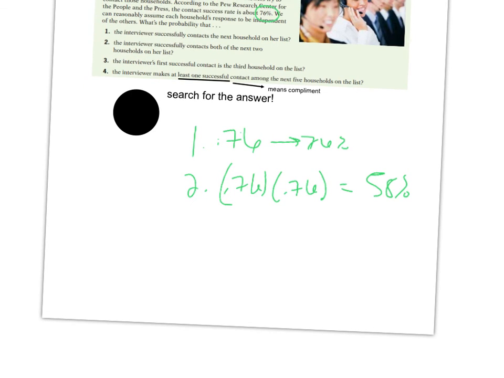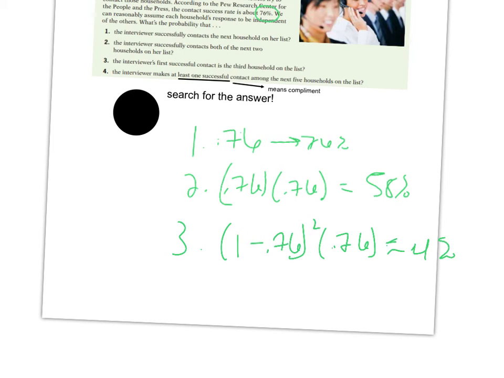Okay, number 3 was 1 minus 0.76 squared times 0.76, which gives you about 4%.